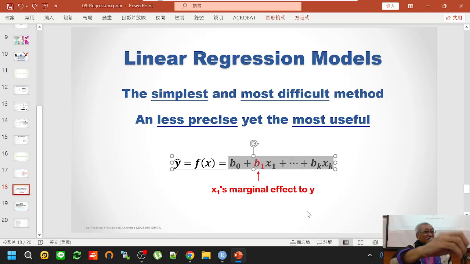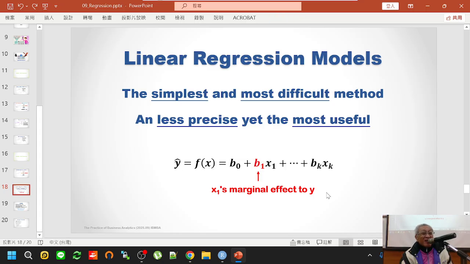If you are using a decision model, you may need several pages to express it mathematically, right? But the linear regression model uses a very simple mathematical form to do the estimation, okay?